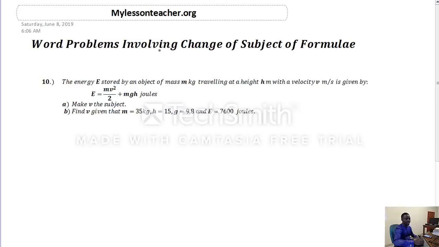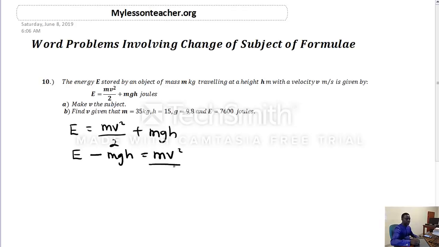We should make V the subject of the formula, and this will be E is equal to mv squared over 2 plus mgh. Making V the subject of the formula, I'll move this second term to the other part of the equation, leaving us with E minus mgh is equal to mv squared over 2.